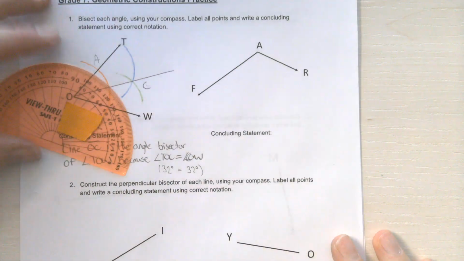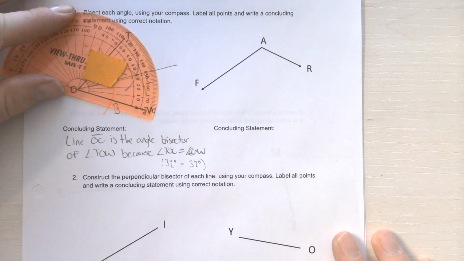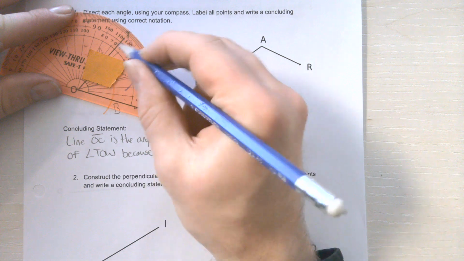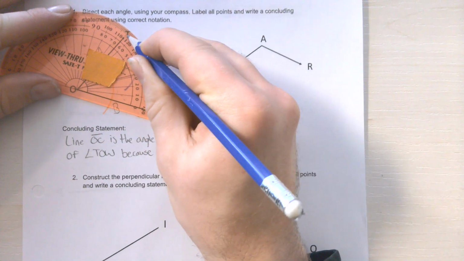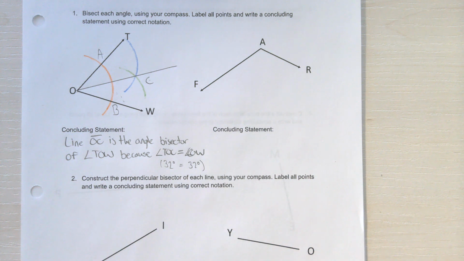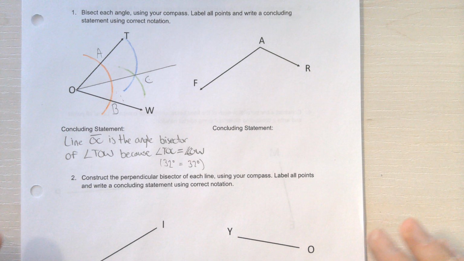And that should make the overall angle about 64 degrees. And if we look, once we have our protractor centered up, here's 60, and then 64 is right there. So that does all make sense. We've drawn a line using our compass that cuts this angle into two equal parts, 32 degrees each.